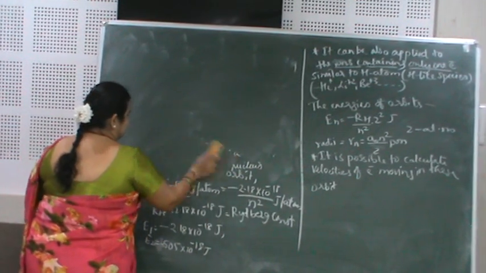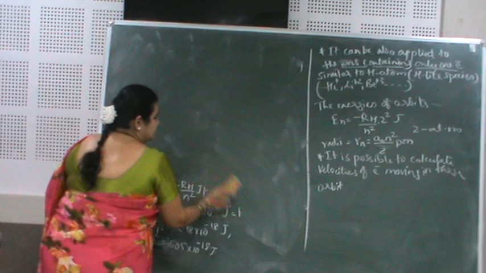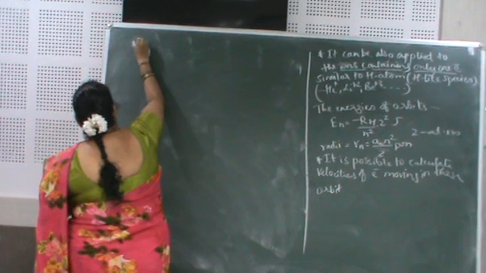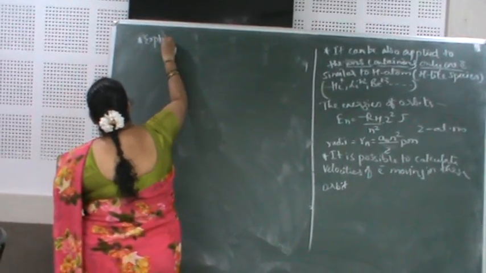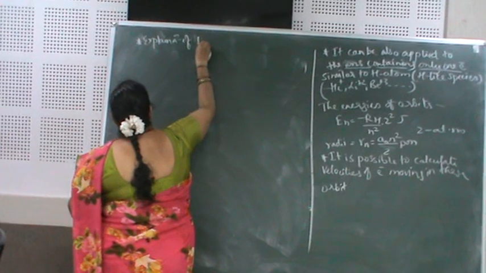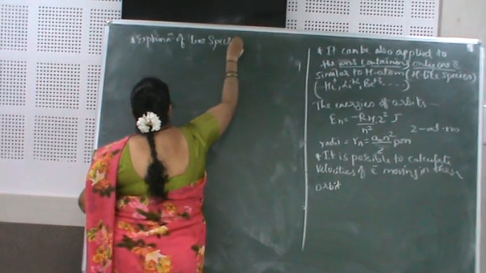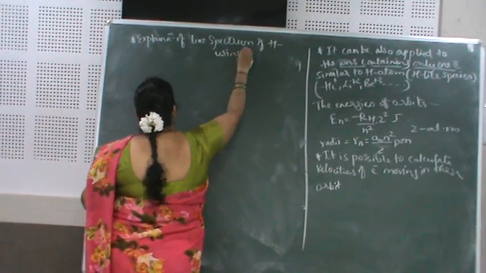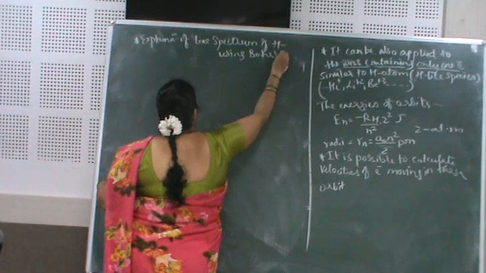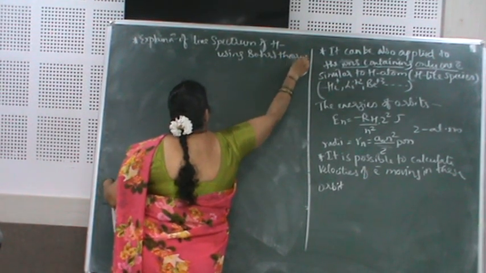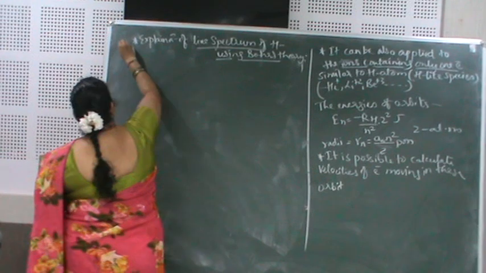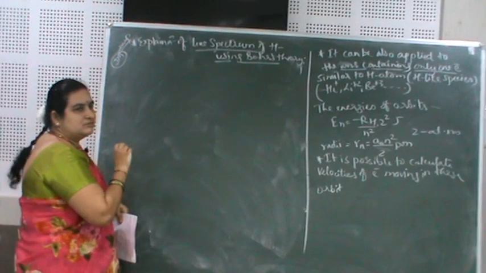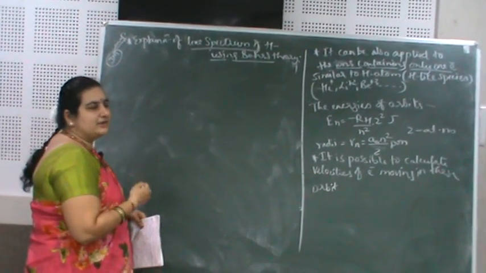So now the next explanation, that is the sixth merit: explanation of line spectrum of hydrogen atom using Bohr's theory. This is an important one and can be asked for 3 marks. So you have to write all the explanation whatever I have given here.